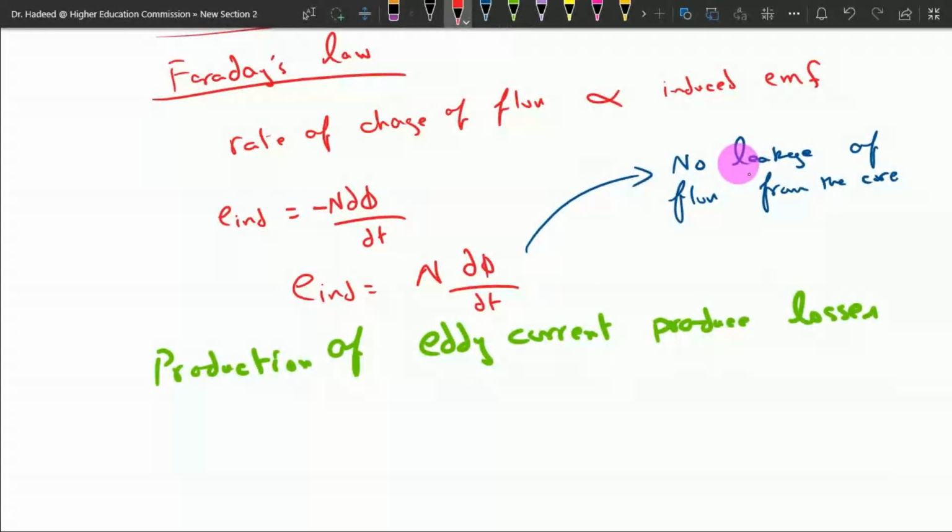Because we do have some resistance in the core, and because there is a current flowing here, the power loss is equal to I square into R core, where R core is the resistance of the core material. When we have this constant I square R loss within the core, the core actually produces heat.